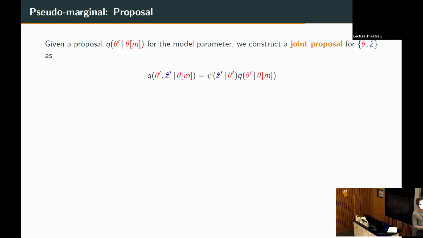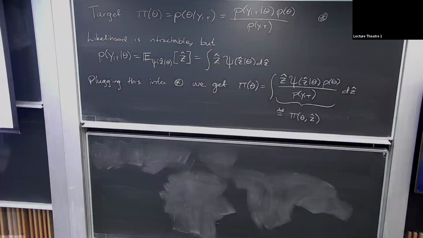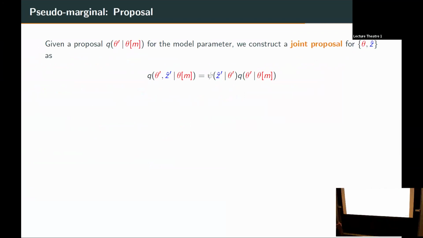So here we can select something arbitrarily, but then conditionally on the proposed draw theta dash, we propose z hat according to this distribution psi. And what that means in practice is that we first propose a value of theta, we then take this, parameterize our model using theta dash, and we run the particle filter and return the likelihood estimator. And we have generated a sample from this joint proposal.